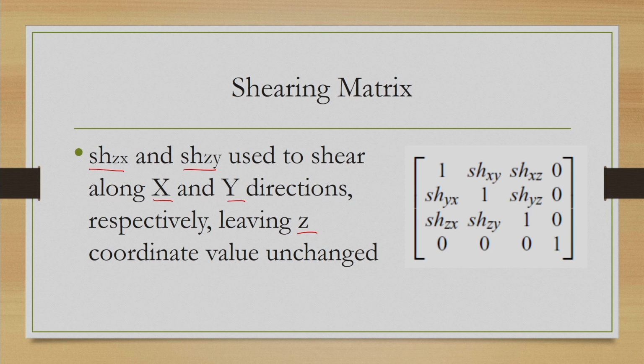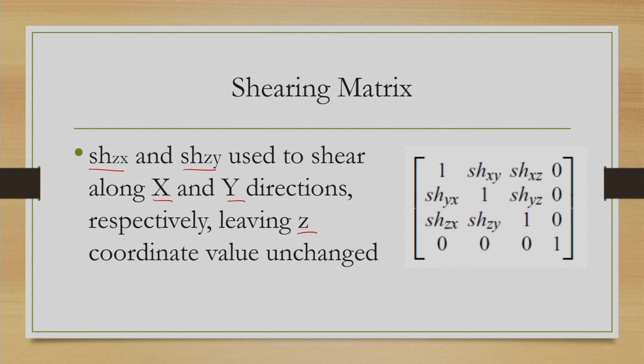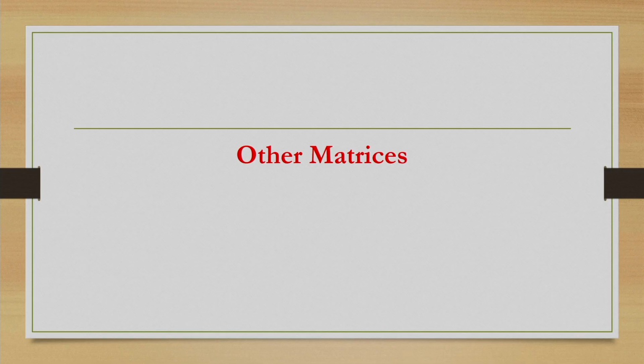So, each pair actually refers to shearing along 2 directions, while the third direction remains unchanged. That means, shearing along that third direction does not take place. So, that is about shearing. As you can see, it is more complicated compared to the shearing matrix that we have seen for 2D transformation. That is because we now have 6 shearing factors.